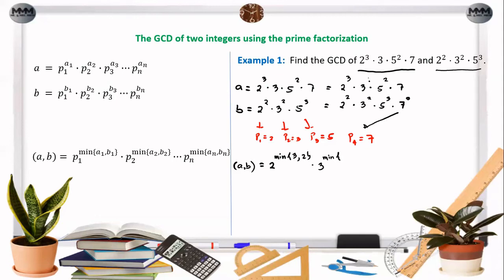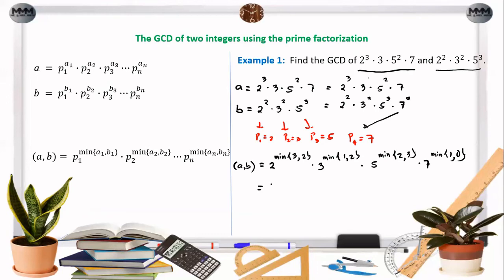We have here 1 and then here 2. Minimum of 1 and 2. Times we have 5 raised to the minimum of, this is our A3. A3 is 2 and B3 is 3. Times 7 raised to the minimum of, this is A4. A4 is 1 and B4 is 0.